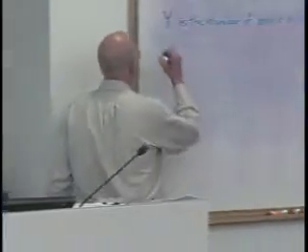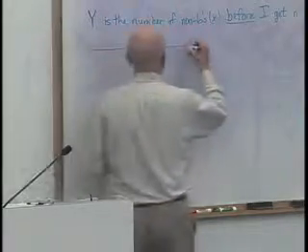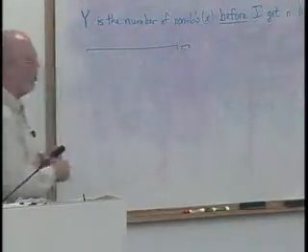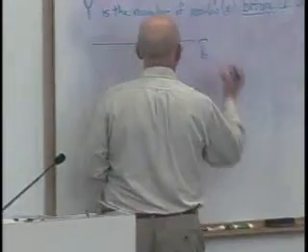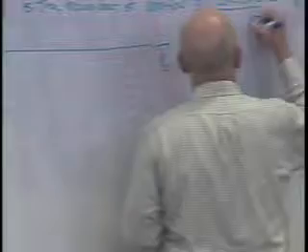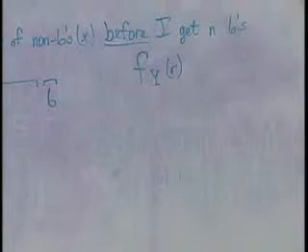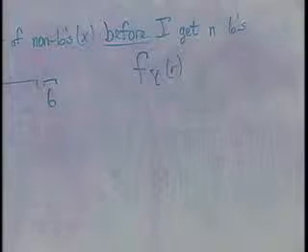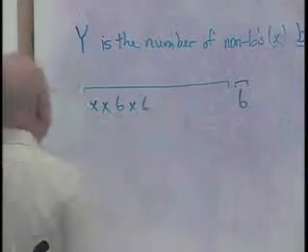Okay? We can work this out. We've got a sequence of rolls here. And then we've got the last roll. What does the last roll have to be? A 6. Now, I want to work out f sub y of little r. And so there are going to be r x's in here.